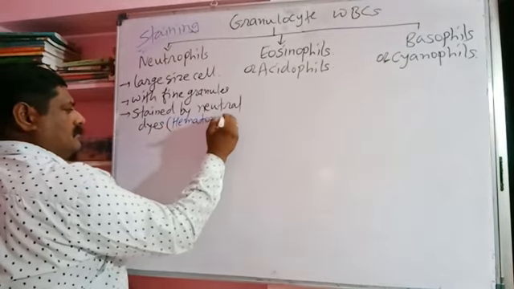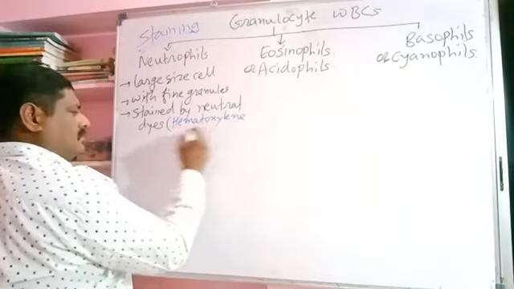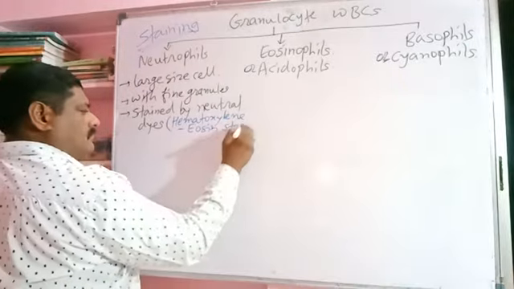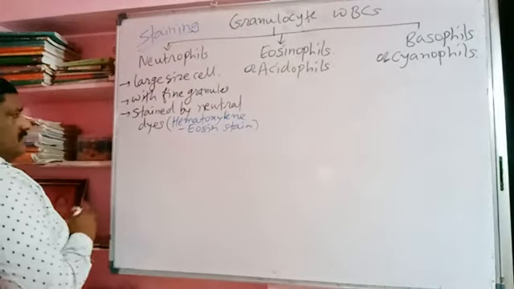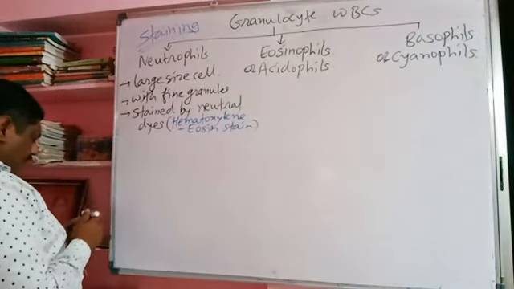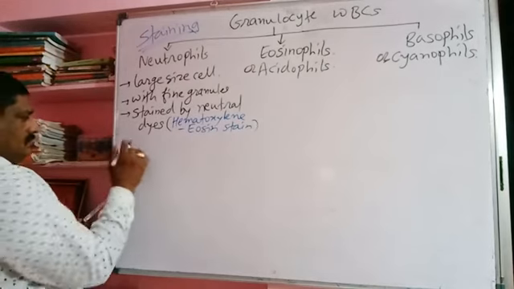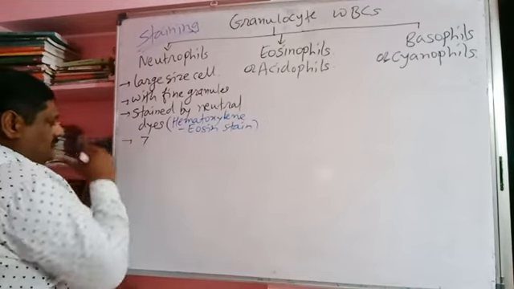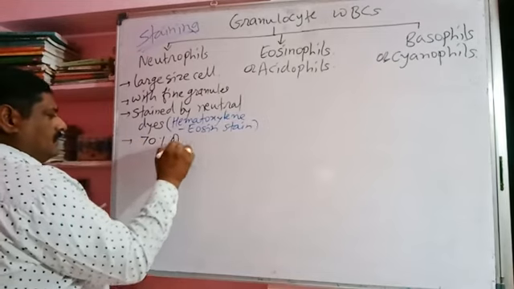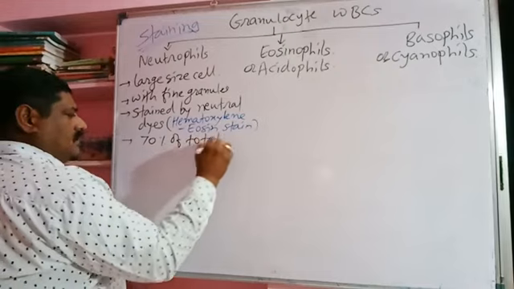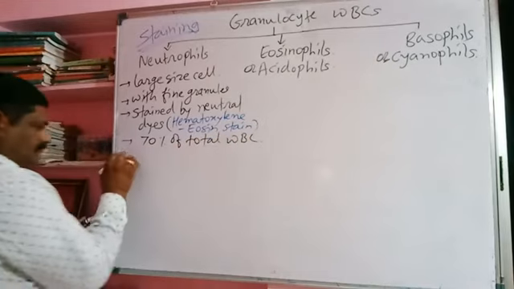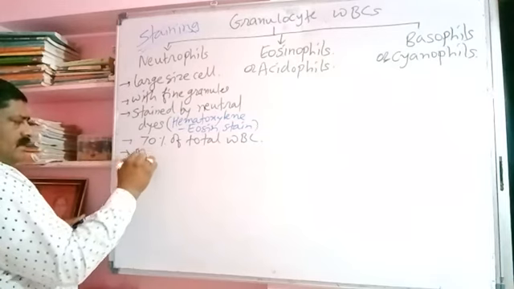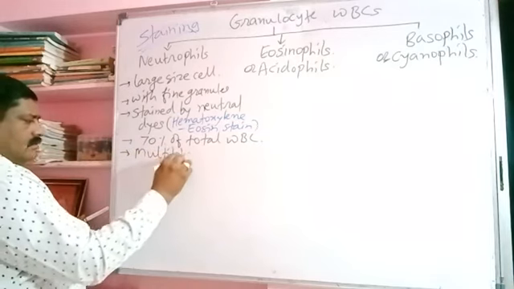These are the largest in composition of all the WBCs, about 70% of the total WBC. The nucleus is large and multilobed.